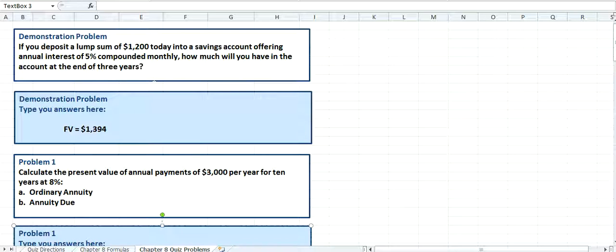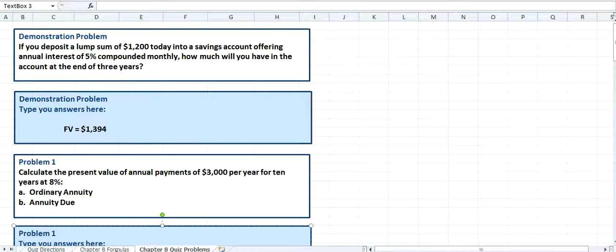And the present value is what you have given, because this is the $1,200 that you're going to deposit today. So that's your present value, $1,200, and the rate of return or interest rate is 5%. Now, if you go back and look at your spreadsheet for your problems, you don't have a table that would actually solve this for you, but I put one in here just so I could show you.